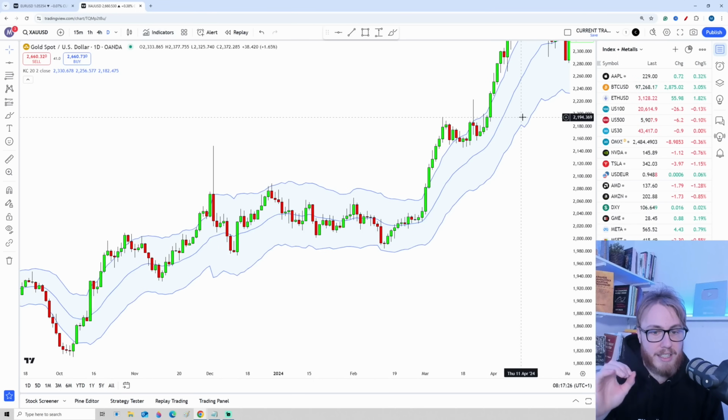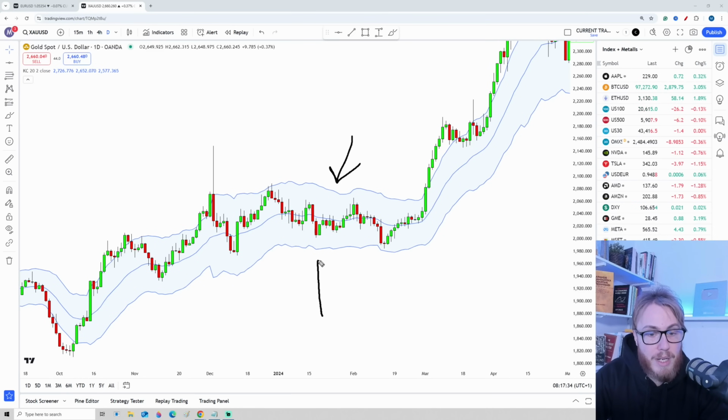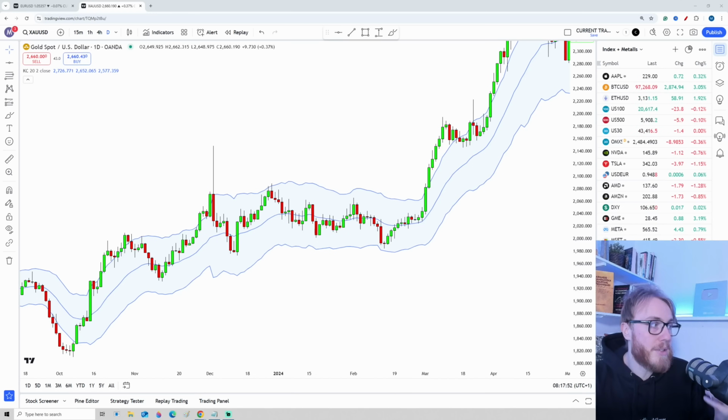And the first thing you can notice is that this indicator looks very similar to the Bollinger Bands, right? We have an upper band right here, we have a lower band, and we have a moving average. But now you might of course wonder, what is the main difference between Keltner channels and Bollinger Bands?